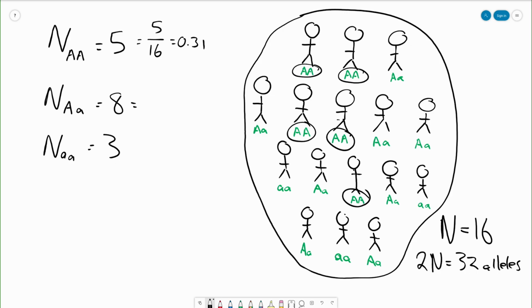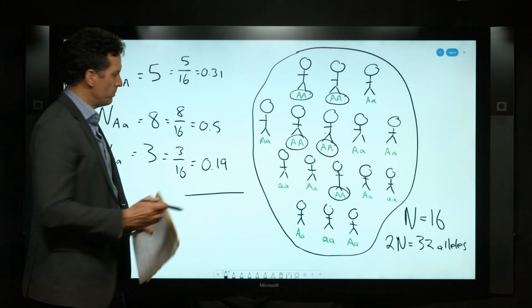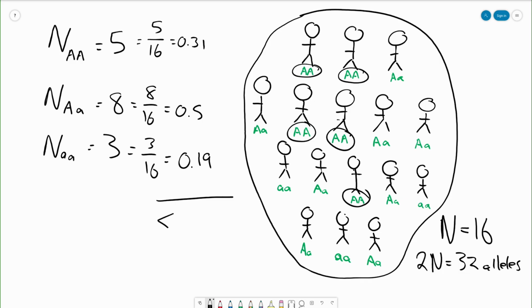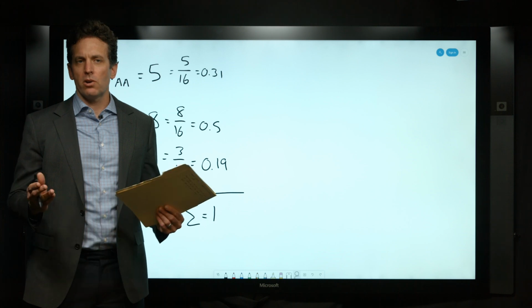This is going to be 8 divided by 16, which is equal to 0.5. And 3 divided by 16 is equal to 0.19. And of course, if we add up the frequencies of those genotypes, they should sum to 1. And indeed, they do.